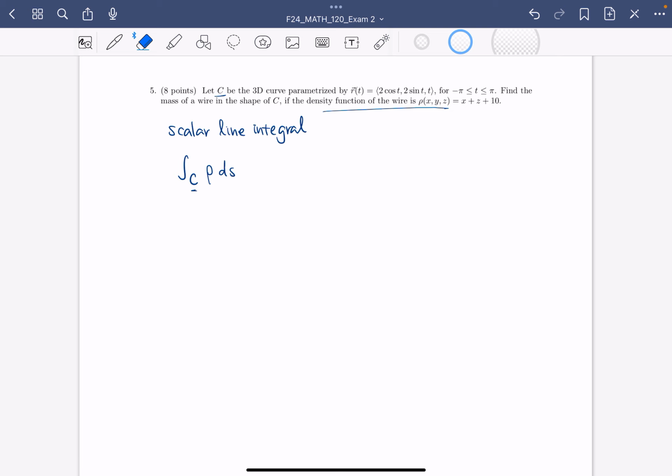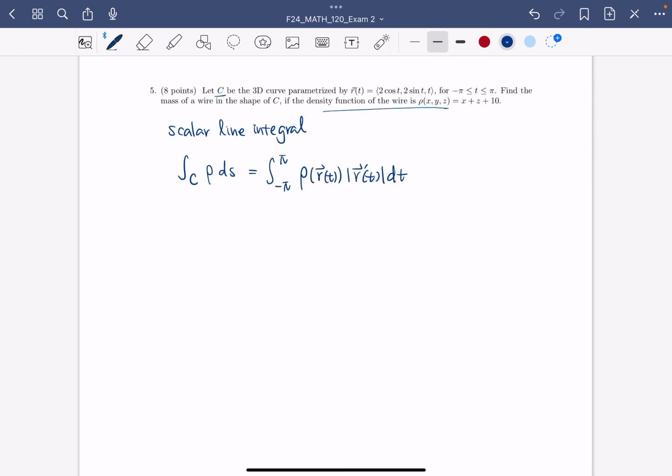So we're doing a scalar line integral, which by definition is we're integrating from minus pi to pi of, plug in r(t) into the density function, and the magnitude of r prime t dt.